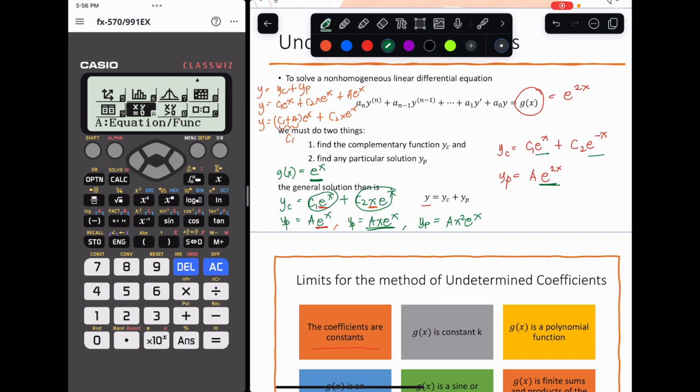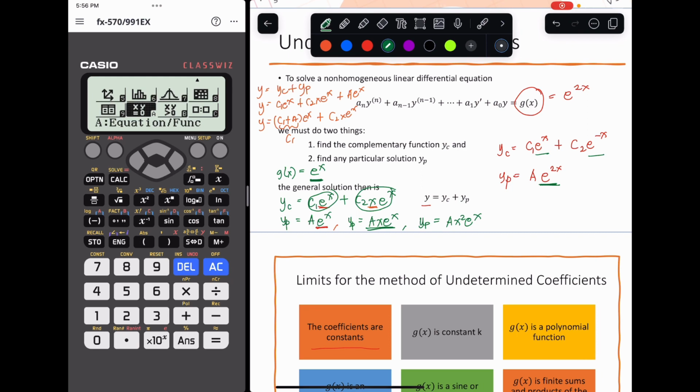So recall, for case 1, there is a distinct solution for the particular as well as for the complementary. If there is a similar solution on our particular solution in comparison to our complementary solution, that makes it case 2. And to make it different, we multiply it with x.